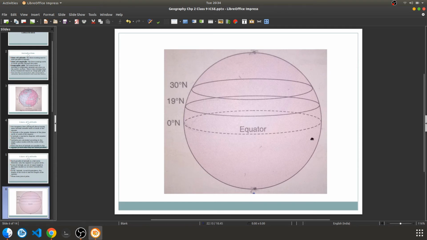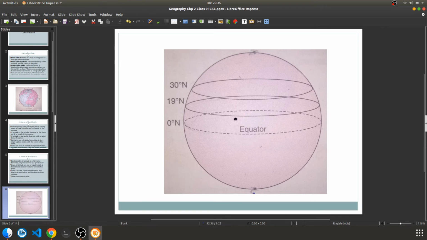But as you go upward or downwards towards the poles, you will find that the circles become smaller and smaller, and at 60 degrees, either on the northern hemisphere or the southern hemisphere, the circle will become exactly half of the circle of the equator.